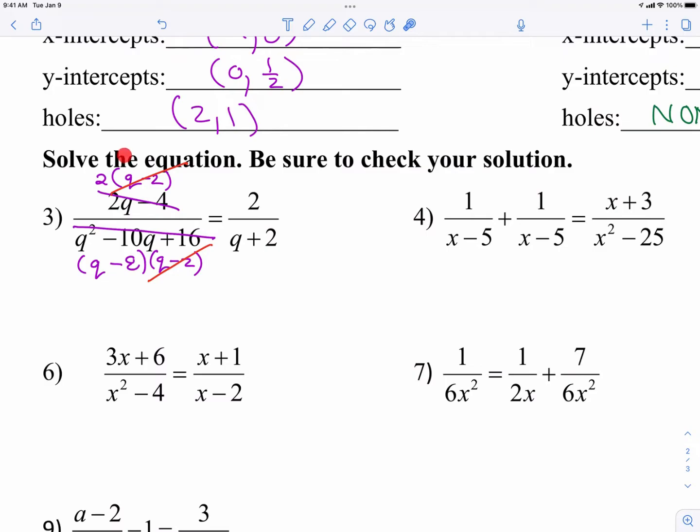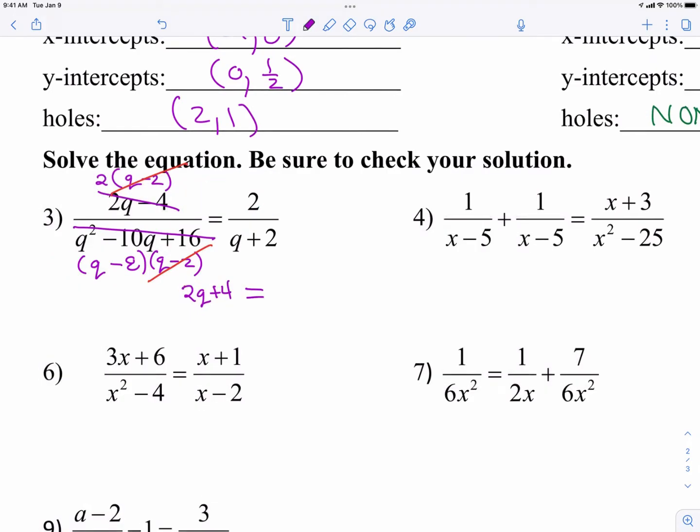Since we have one fraction on the left equal to another fraction on the right, we can now cross multiply. If we cross multiply this way, we get 2 multiplied by q plus 2, and that's 2q plus 4. So 2q plus 4 equals, and then we cross multiply this way: q minus 8 times 2, which is 2q minus 16.